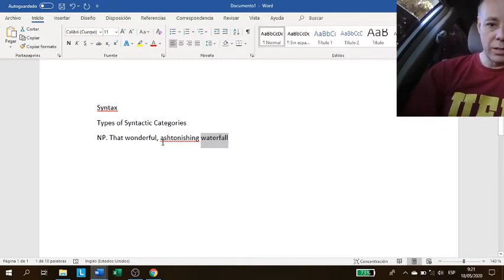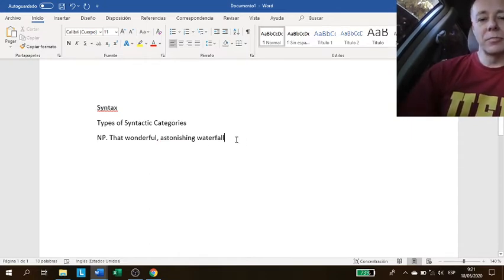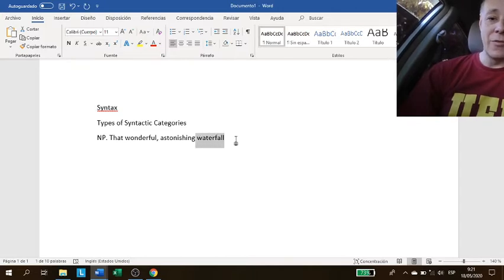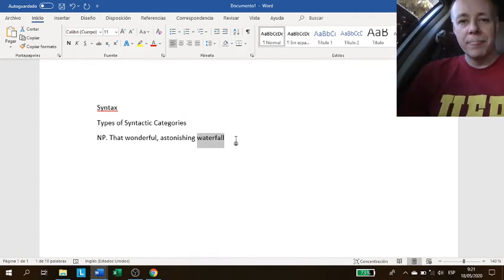But waterfall is. So waterfall would be the noun and the main element in the phrase. That's why we classify this phrase as a noun phrase, right?